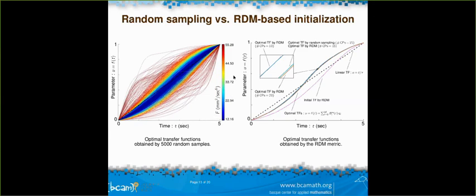So our RDM-based initialization tries to find the best initial values for the unknowns, and then we perform the optimization only for one function. You can see on the right, with the magenta dots, we have the initial transfer function given by the RDM, and then we find the optimal one that is very close to what we find from the 5,000 random sampling.